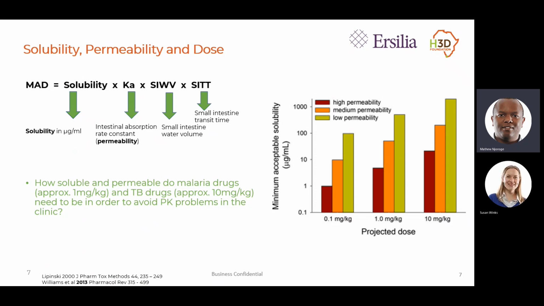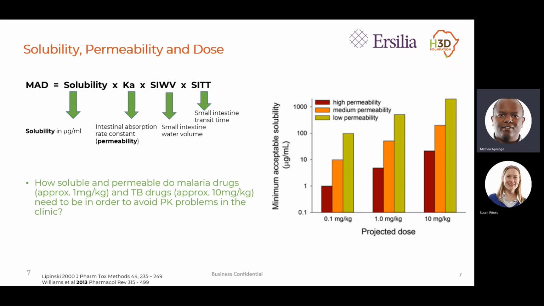You can read more details here, but in general, as you might imagine, if we picture the compound in the gut, if a compound is really soluble, then we can afford to bring the bar a little bit down in terms of permeability. And if the compound is extremely permeable, then we can probably get away with a little less solubility. But in general, the solubility that we need to make sure that we do not have any issues in a drug discovery setting tends to be quite high.